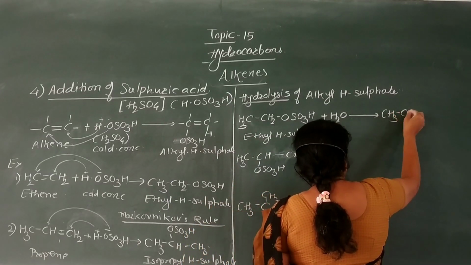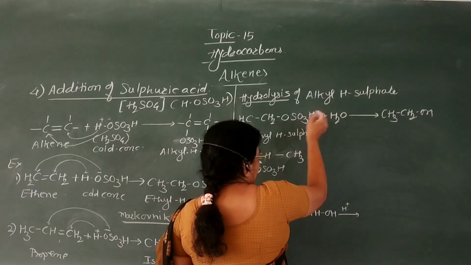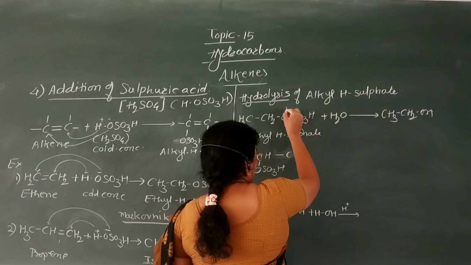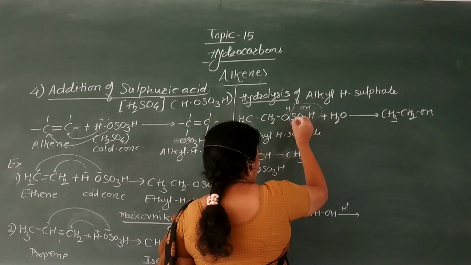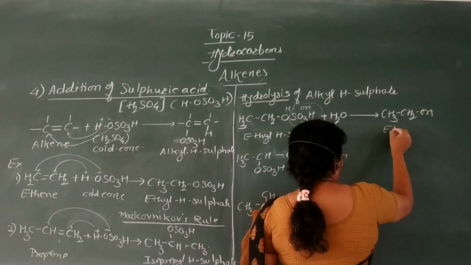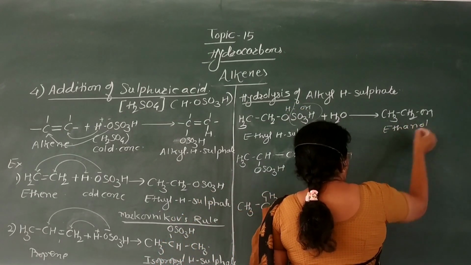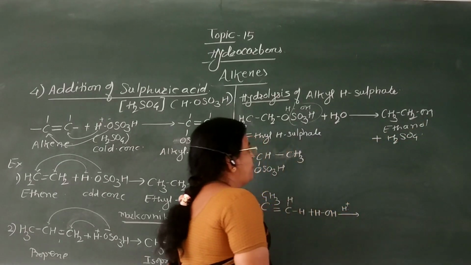That is, CH3CH2OH is formed. Now here this addition of H2O takes place like this: HOH, removal of H2SO4 takes place and here the OH group is formed. This is alcohol, ethyl alcohol or ethanol, plus H2SO4 is regenerated.